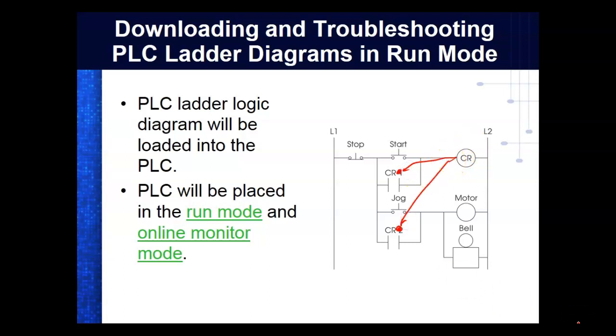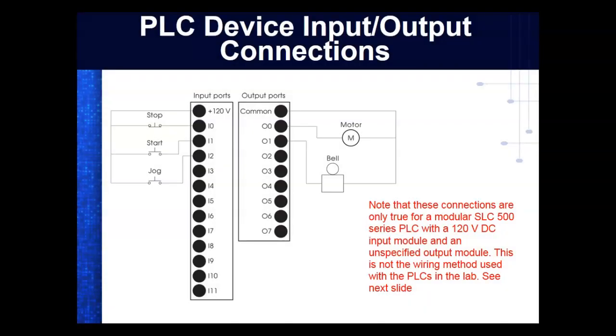But in the textbook, anytime you see CR, then you're going to use a what? You're going to use one of your B3 files. So that means a control relay. Control relays are relays whose contacts never go outside, right? You understand that? And we'll have a lab on that too.